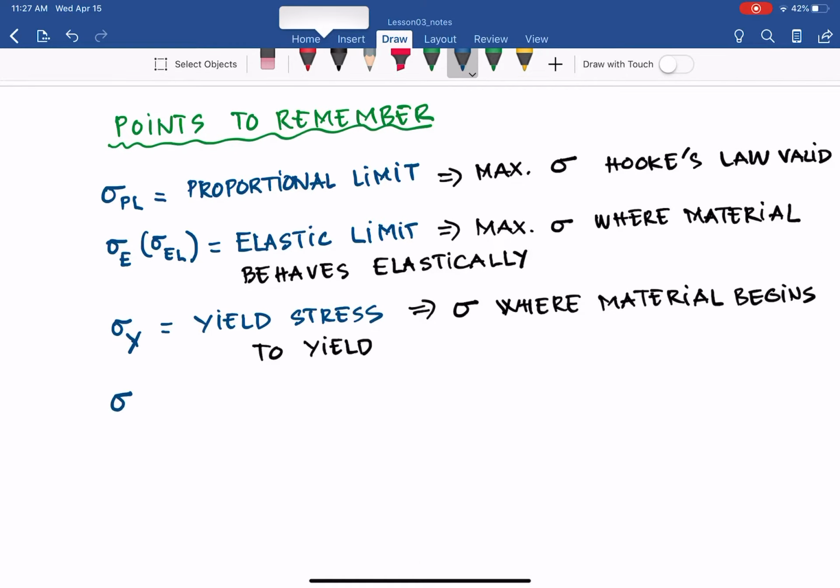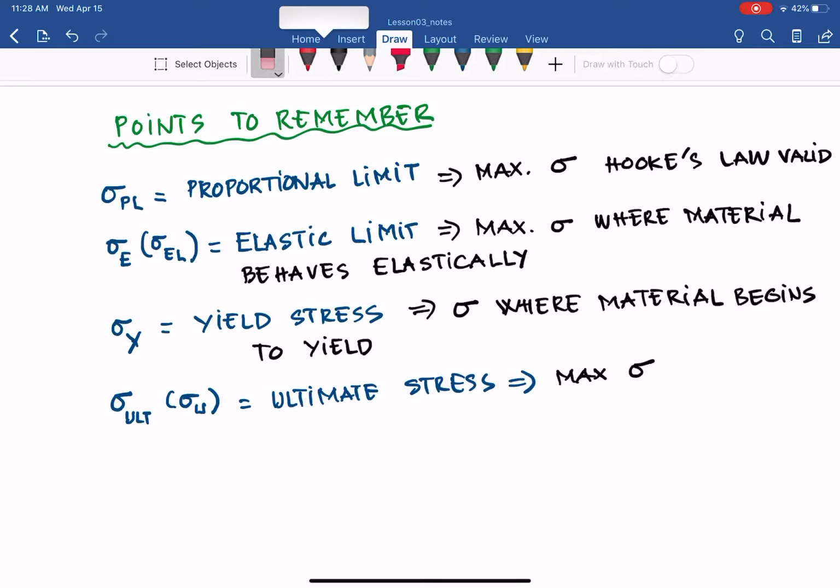The next one is sigma ultimate. Some books say sigma U in there. U is for ultimate, and that is the ultimate stress. So basically the maximum stress that the material can carry. So it will be the maximum sigma, or sigma max.